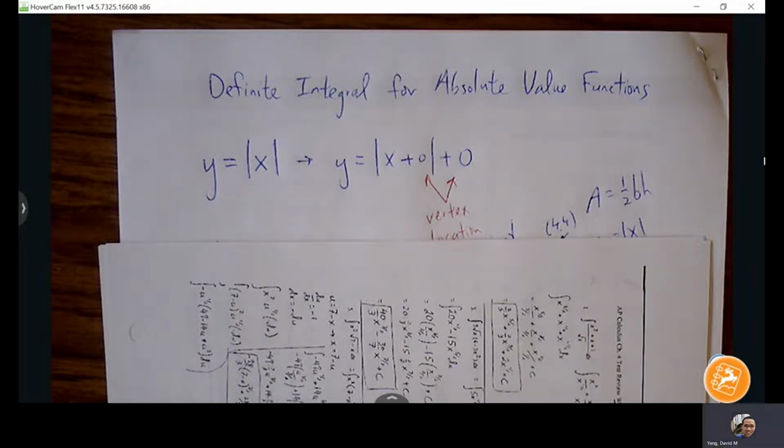So if you see here, we're talking about this region here. The nice thing about absolute value function is that it's always going to produce a nice geometric shape. We don't have to rely on calculus. So we can simply find the areas of those two triangles and then add them together.